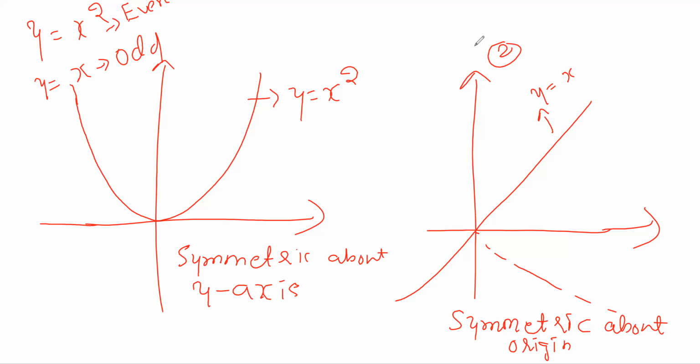Okay. Now take modulus of x. What will be the image of modulus of x? V shape, right? Which axis is it symmetric about? The y-axis. So that means this is an even function. Is it clear? Diagrammatic representation.